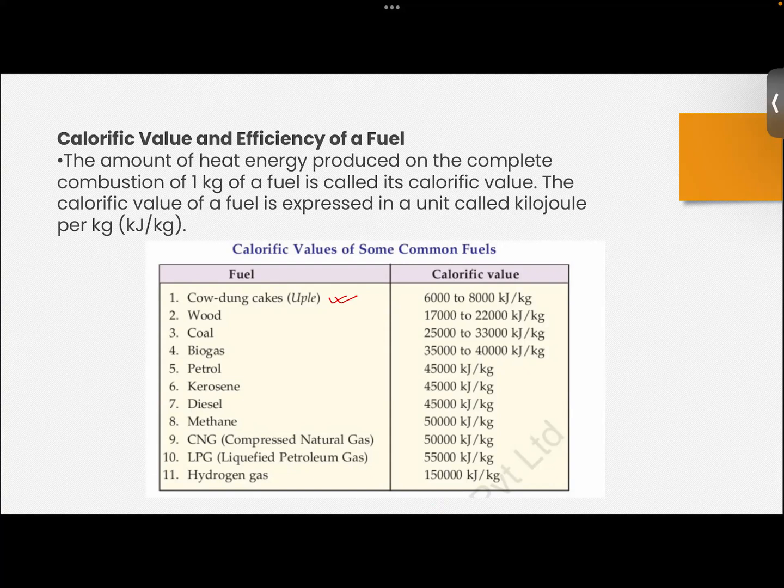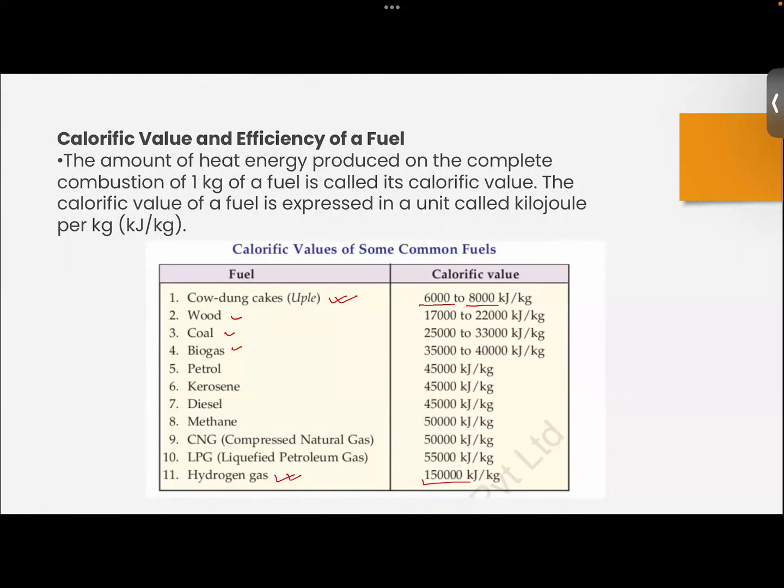Then you have wood, coal, biogas. The calorific value of a cow dung cake is around 6,000 to 8,000 kilojoule per kilogram. And see the fuel hydrogen gas. It has a calorific value of how much?